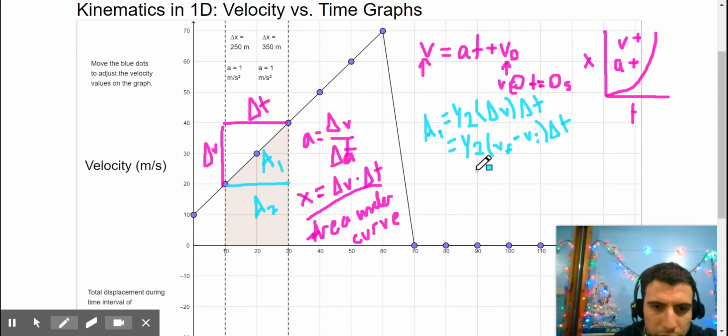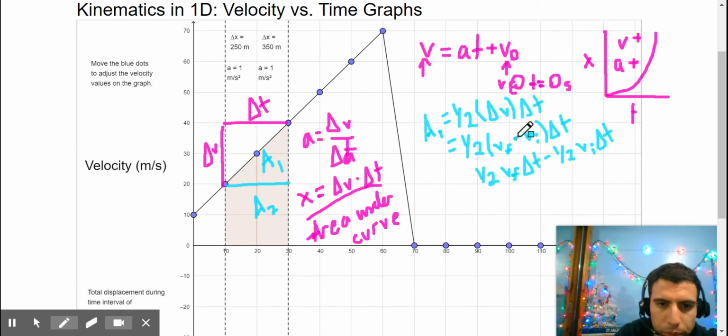And actually, because I got this, let me distribute the 1/2: 1/2 V final delta T, and then after we have minus 1/2 V initial delta T. Okay, so I'm just taking the distributive property and multiplying everything out. 1/2 distributes, delta T distributes.